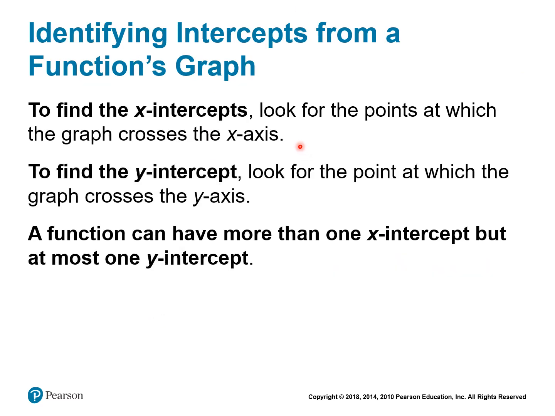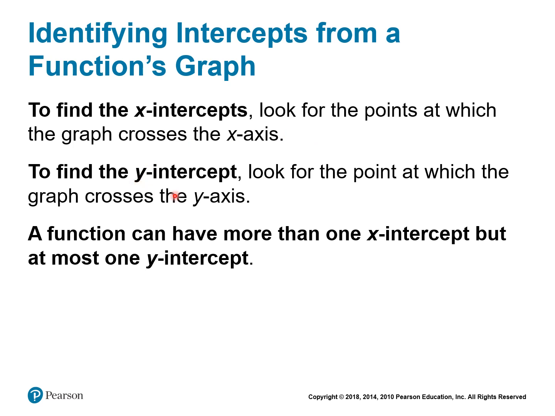Now the final topic in this section is identifying intercepts from a function's graph. There are two intercepts possible in a graph. One is called the x-intercept. What is the x-intercept? The x-intercept represents the point at which the graph intersects or crosses the x-axis.